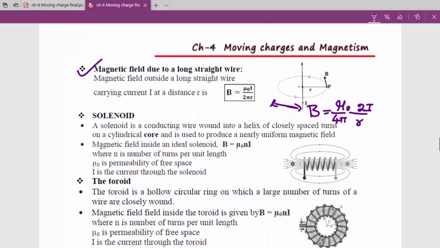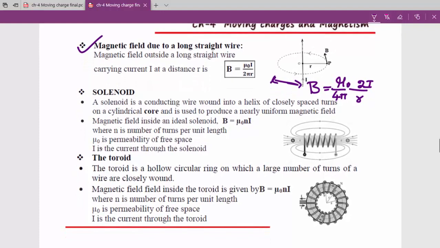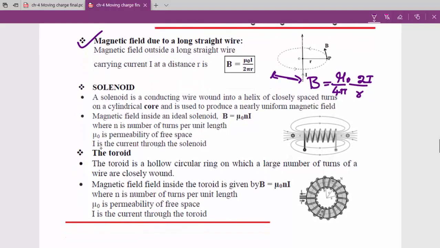After this, the application of solenoid and toroid. A solenoid, as you can see in the picture, is a hollow long cylinder where the wire is wound in helix form. If you pass a current in this helical wire, magnetic field lines are produced.